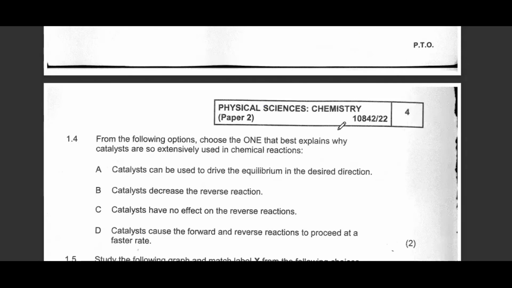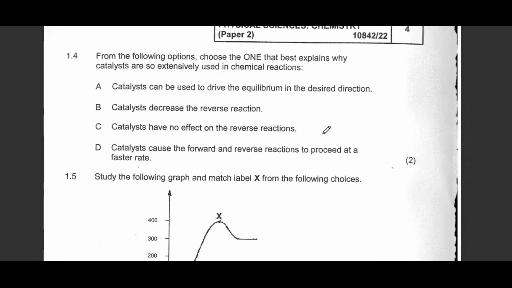Now when you go to another question, question 4, they are saying: of the following options, choose one that best explains. You see, it can explain, but they want the one which best explains why catalysts are extensively used in chemical reactions. Catalyst can be used to drive equilibrium in a desirable direction. Catalyst can decrease the reverse reaction.